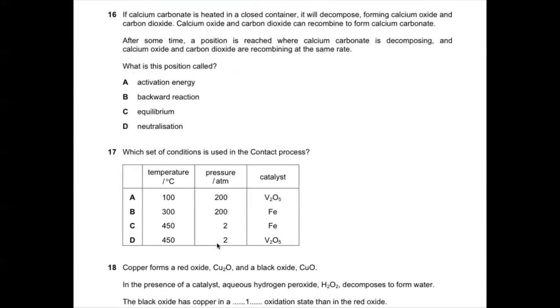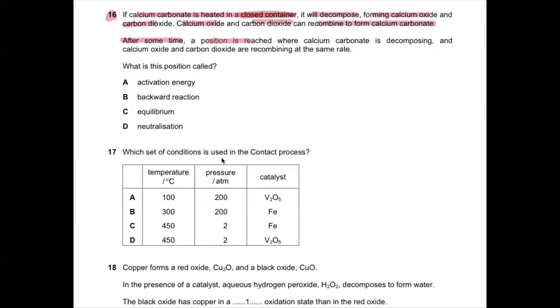Now, MCQ number 16. If calcium carbonate is heated in a closed container, it will decompose, forming calcium oxide and carbon dioxide. Calcium oxide and carbon dioxide can recombine to form calcium carbonate. So both can happen in the closed container.